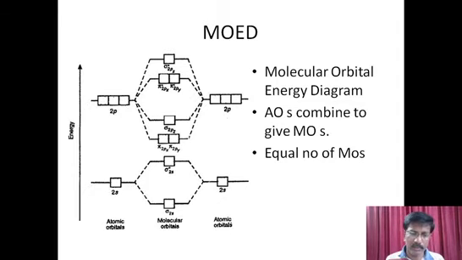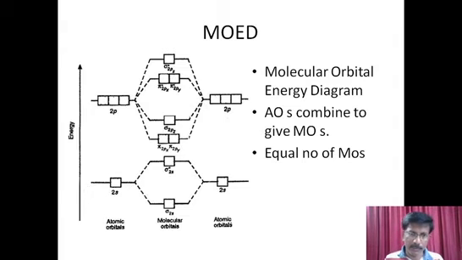So 2s and 2s are atomic orbitals of two different atoms, and sigma 2s and sigma star 2s are molecular orbitals. This is how we have to write the diagram, and similarly we have to arrange the electrons into the molecular orbitals.